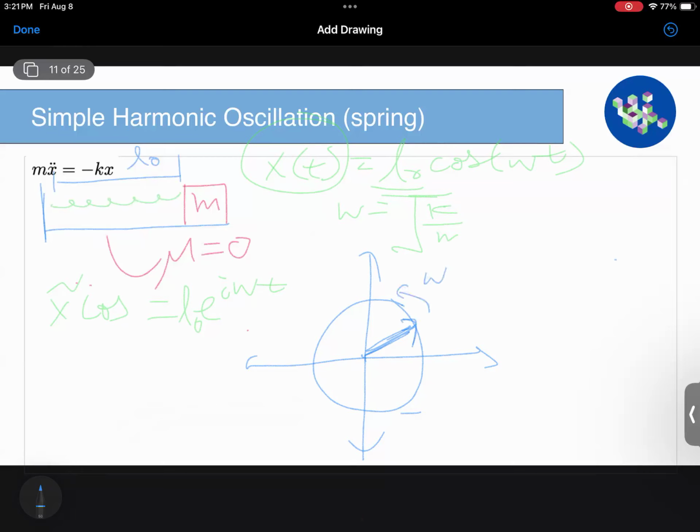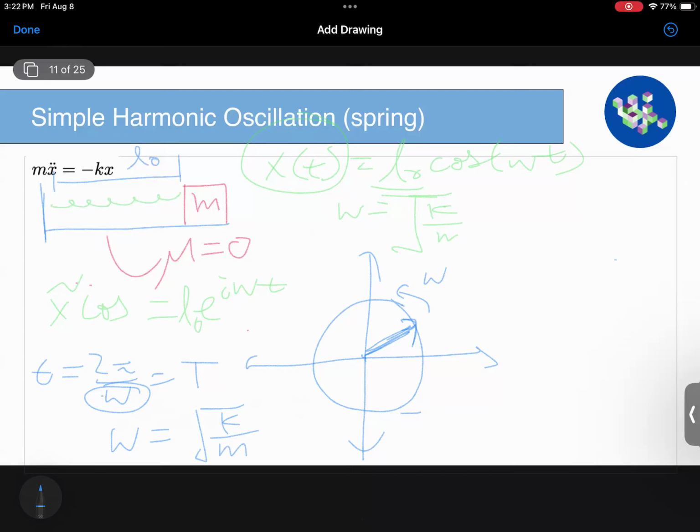Why? Because when t equals 2 pi over omega, it has made a full circle, so that equals the period. And you know that period equals 2 pi over omega, and clearly here we also have omega. So the angular velocity of this rotating complex number is equal to the square root of k over m. That's the motivation for calling it an angular frequency.